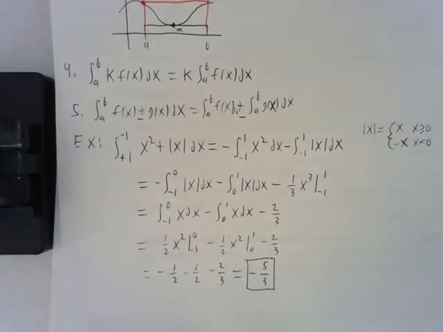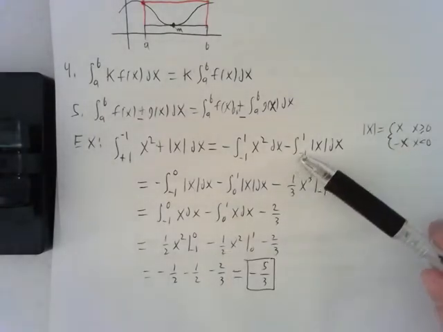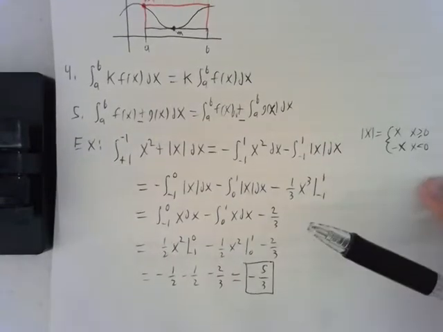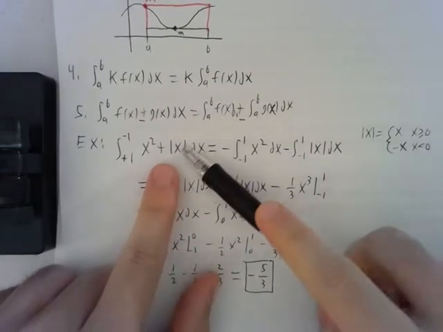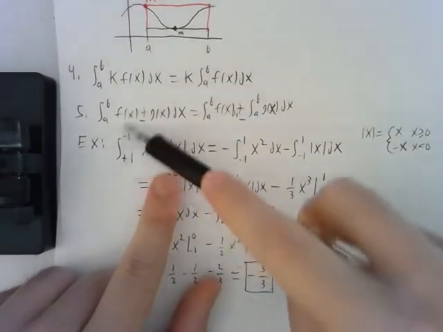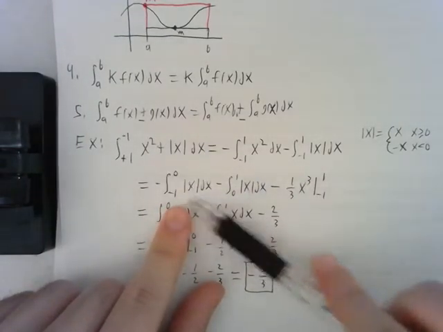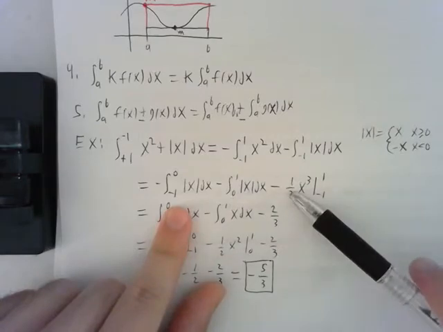So that was an example where we needed several of these properties that we discussed. We used property 1 in this first step to change the order of integration. We used property 4 to split it up into a sum like this.